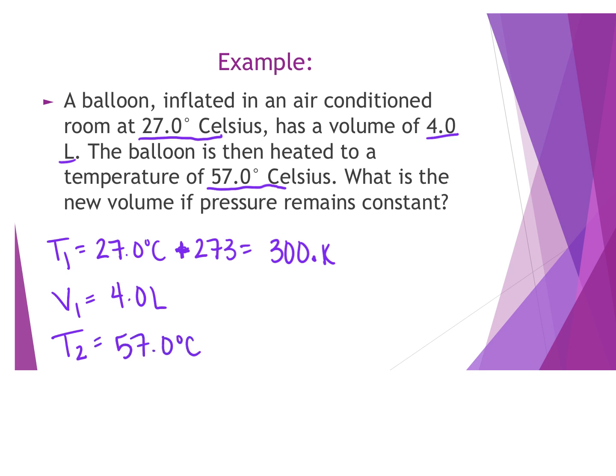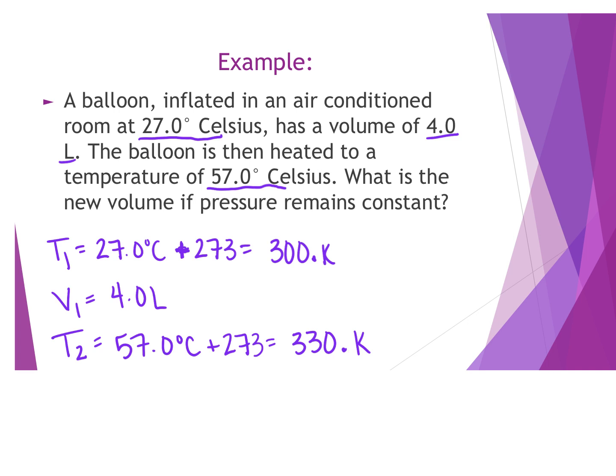Are you ever going to use Celsius? So what are you going to immediately do? Add 273 to that. Are you getting 330? You need all 3 of those to be significant, so just 330 with a decimal.